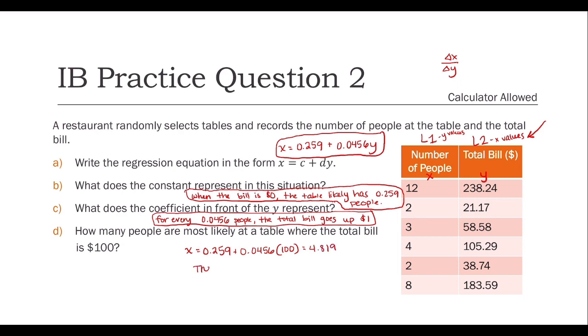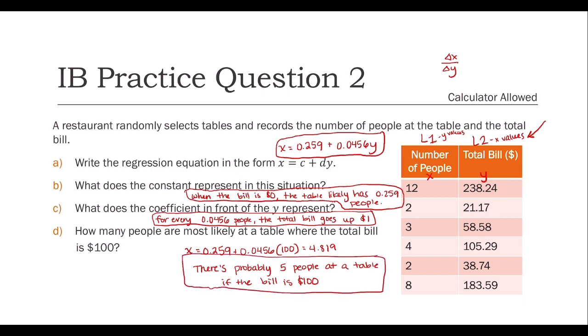So there's probably 5 people at a table if the bill is $100. So for this one, we rounded to the nearest person because you really can't have a decimal amount of a person.